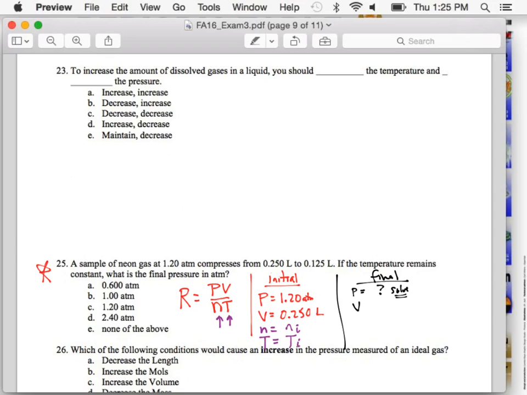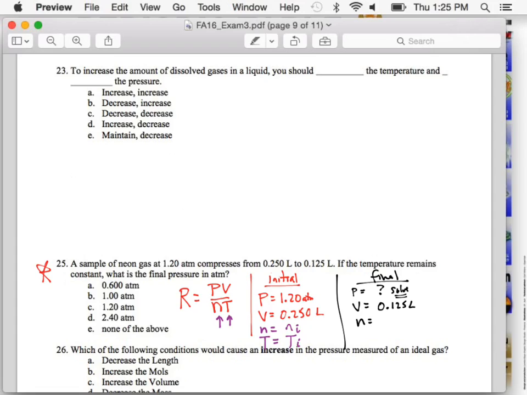Okay. What is my volume? 0.125 liters. What is my moles? So don't know is actually kind of questionable. I do actually know. It's the same as what I started with.